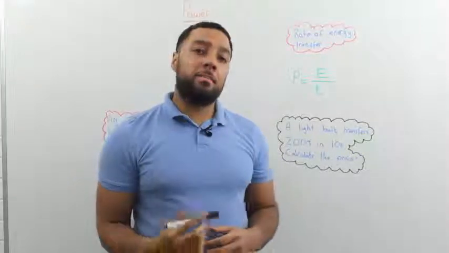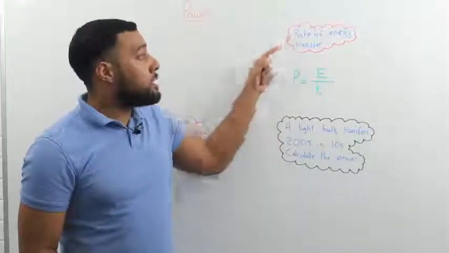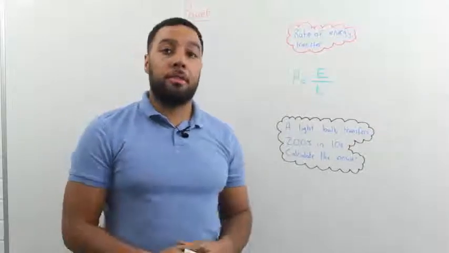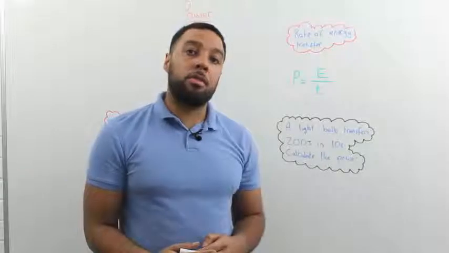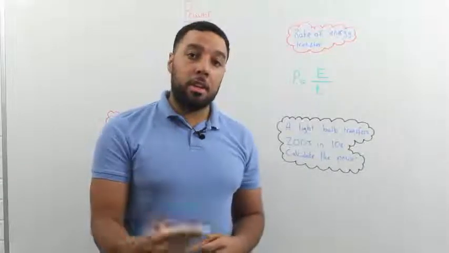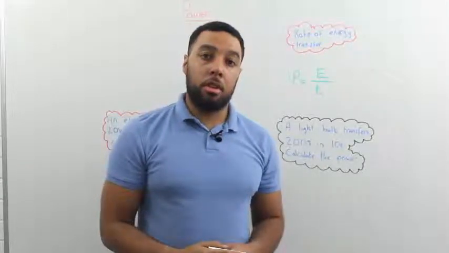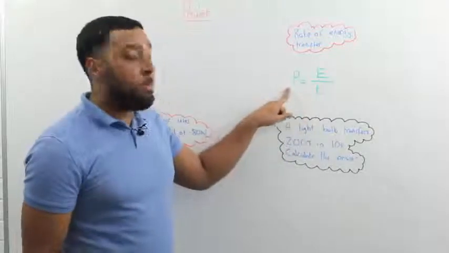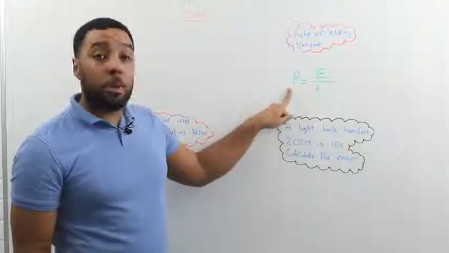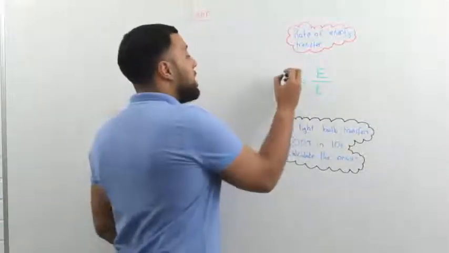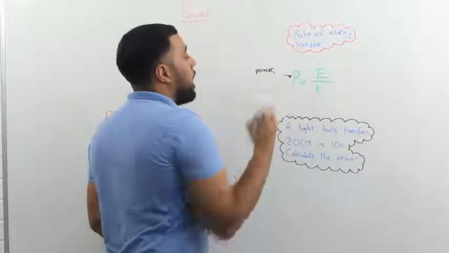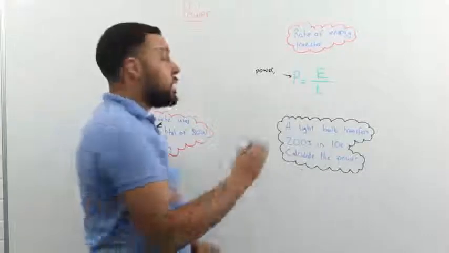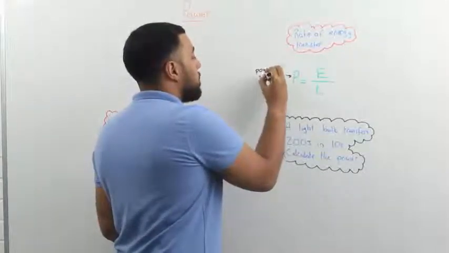Now in physics, power just means the rate of energy transfer. In other words, the more powerful an appliance, the more energy it will transfer. We can calculate power by using this following equation, where P is power, and power is measured in a unit called the watt.